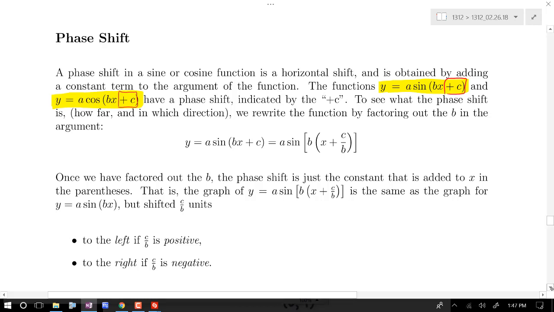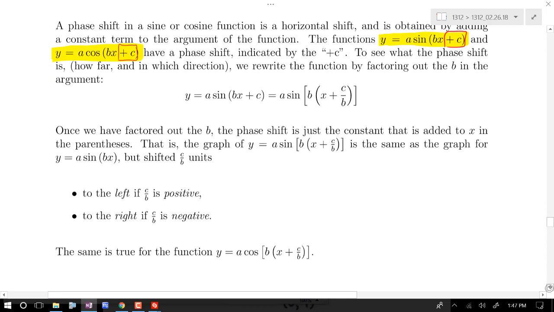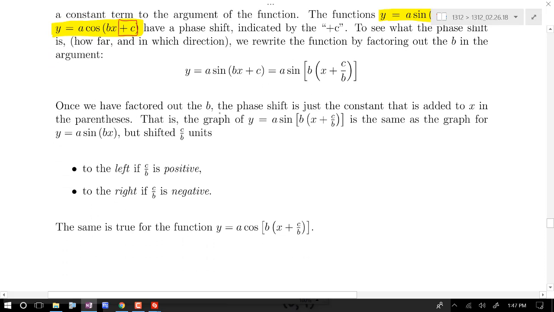If you like to think of it in terms of just remembering a rule, if the graph is a times sine of bx plus c, then the phase shift is just c over b units, and it goes to the left if it's positive, and to the right if it's negative. What I always do is start out by factoring out this b, because whenever you have x plus or minus some number by itself in parentheses, that's your phase shift right there.